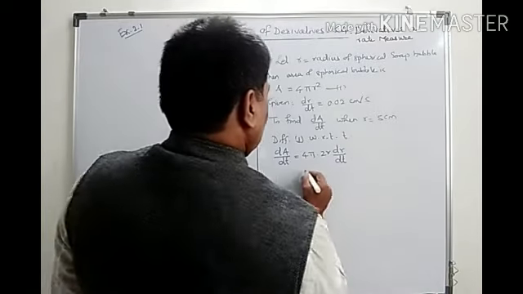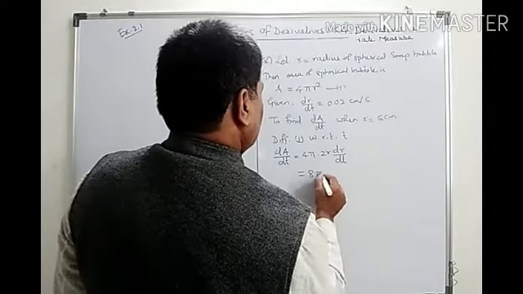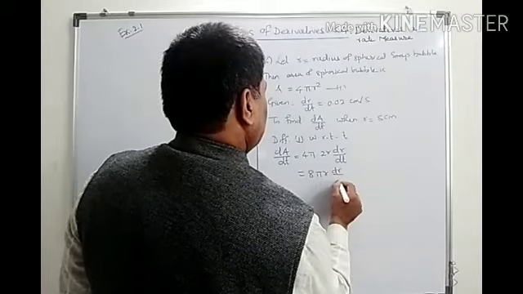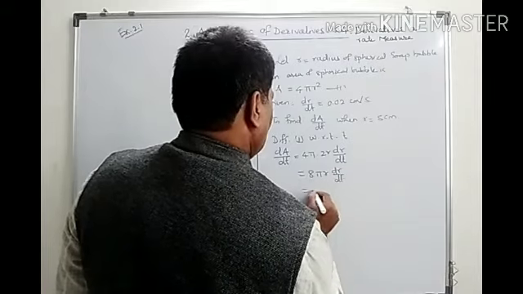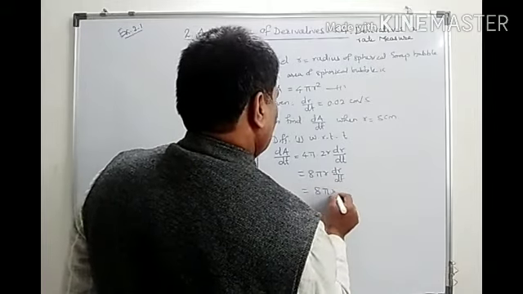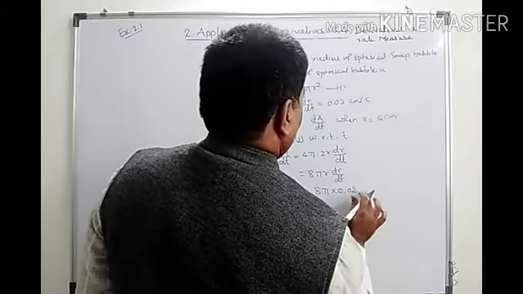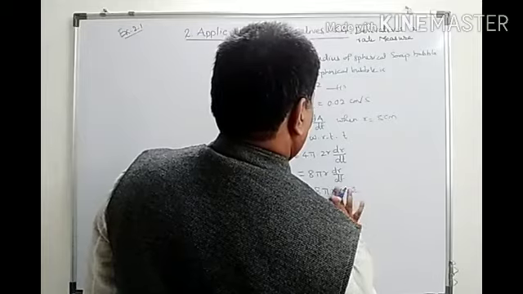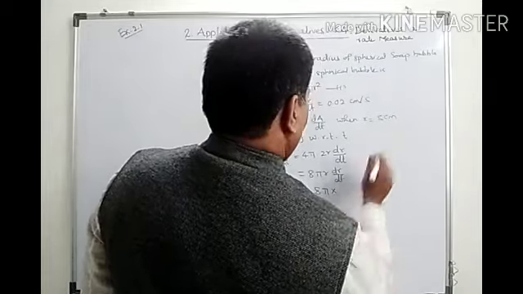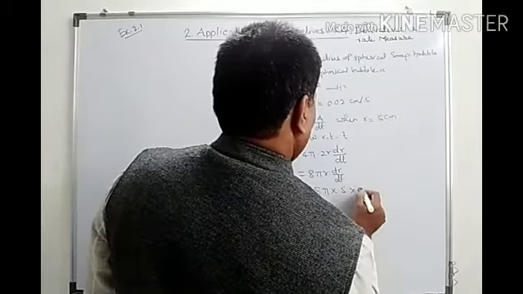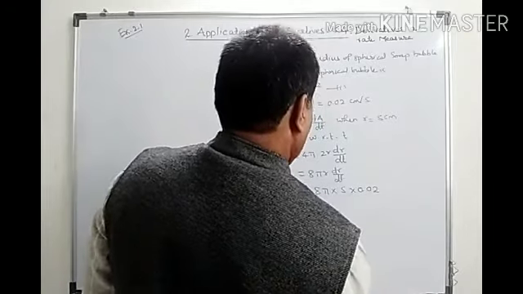So this is nothing but 8 pi r dr by dt, which is 8 pi into 5 into 0.02.